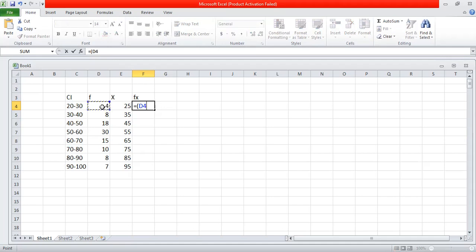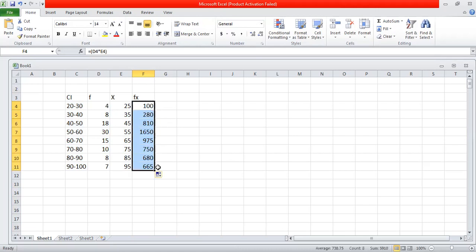F into, now select the x value, close the bracket. F into x, you'll get 100. 4 into 25 is 100. The same formula repeats for the remaining rows also, so you can drag this formula. For the remaining values you apply the same thing, that is 8 into 35, 18 into 45. So this is summation fi xi.